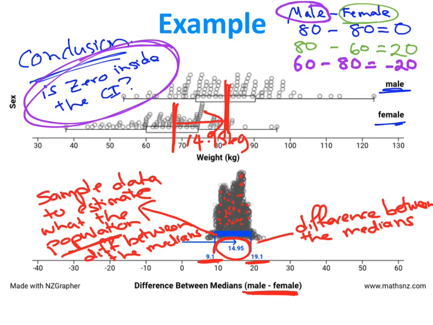And in this case, I can say, well, this confidence interval goes from 9.1 up to 19.1. So 0 is not inside that.